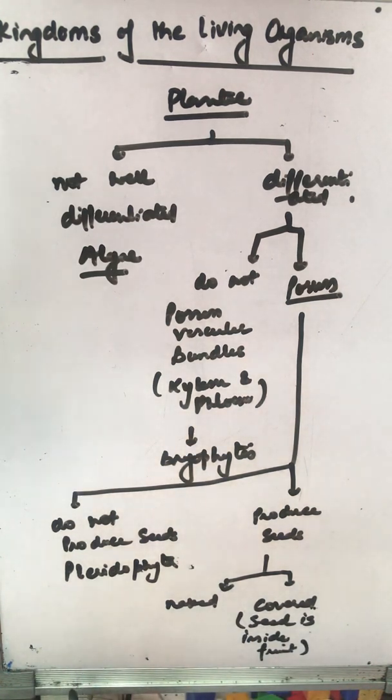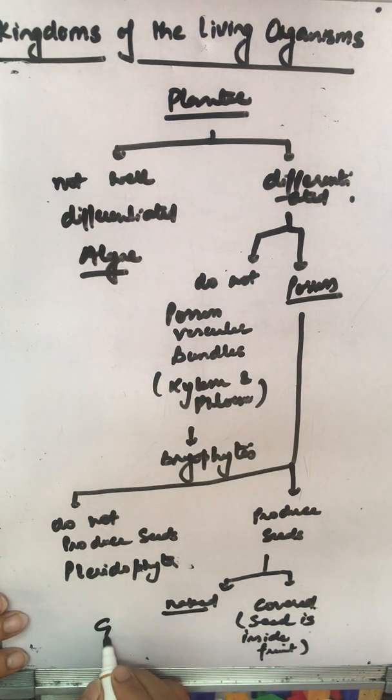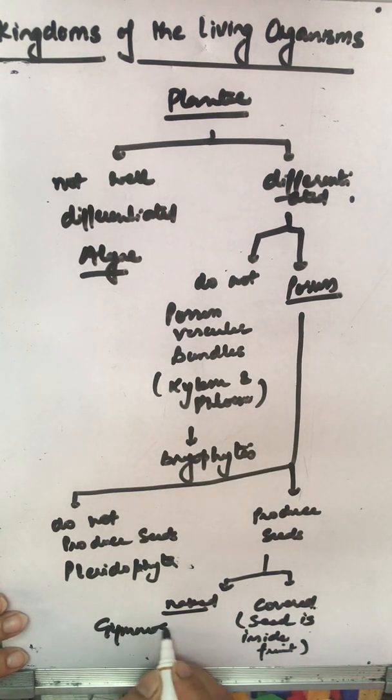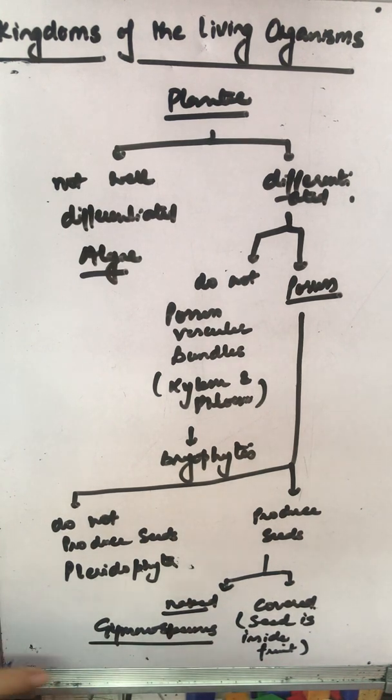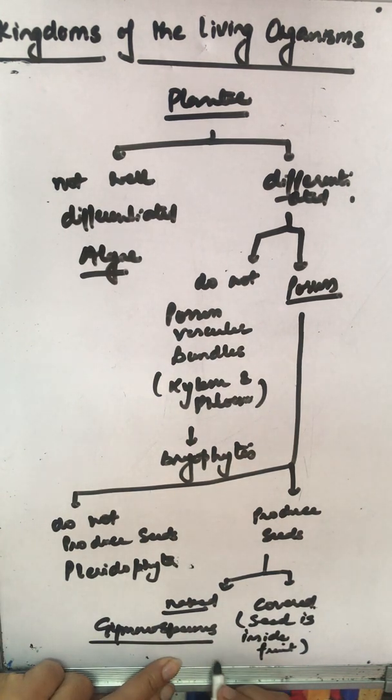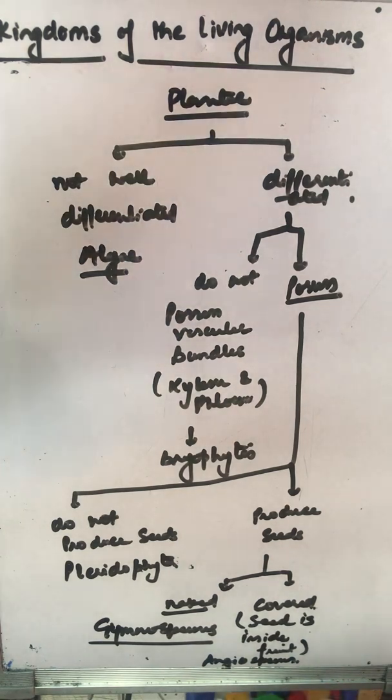So when they bear naked seeds, we call them gymnosperms. And when they bear seeds inside the fruit, we call them angiosperms.